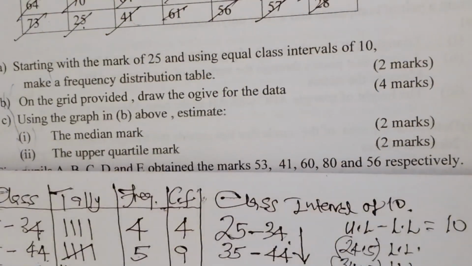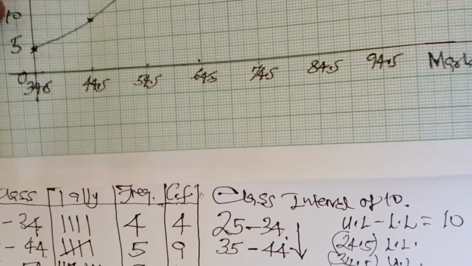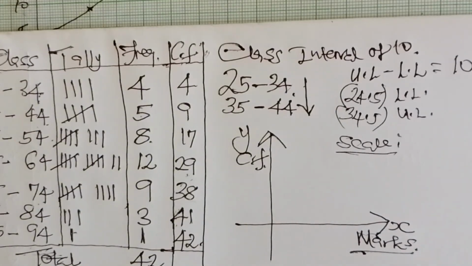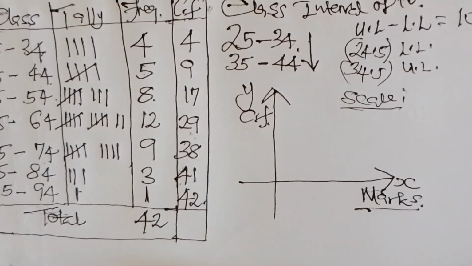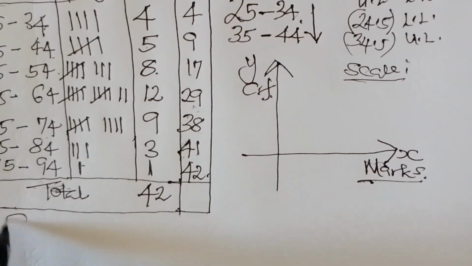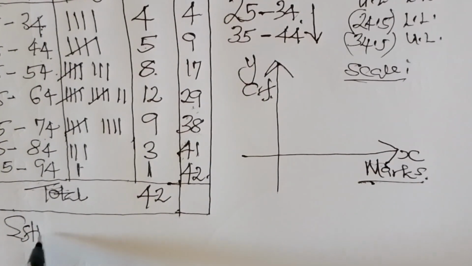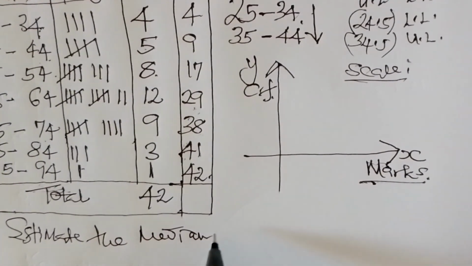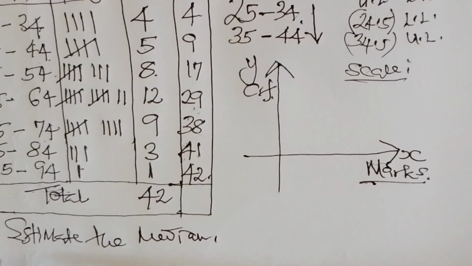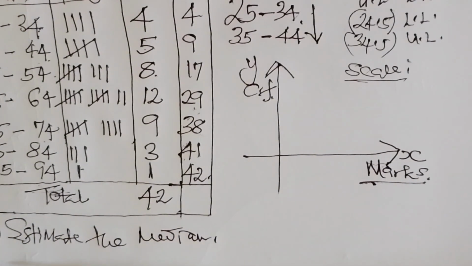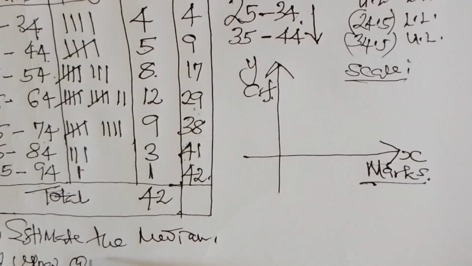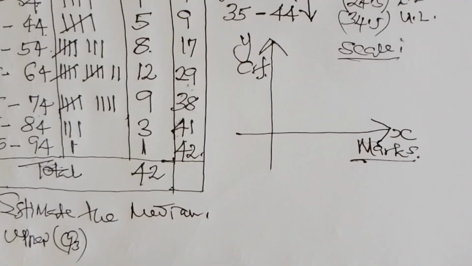So we want to use our graph to estimate the median, and to get the upper quartile, normally abbreviated by Q3, upper quartile.